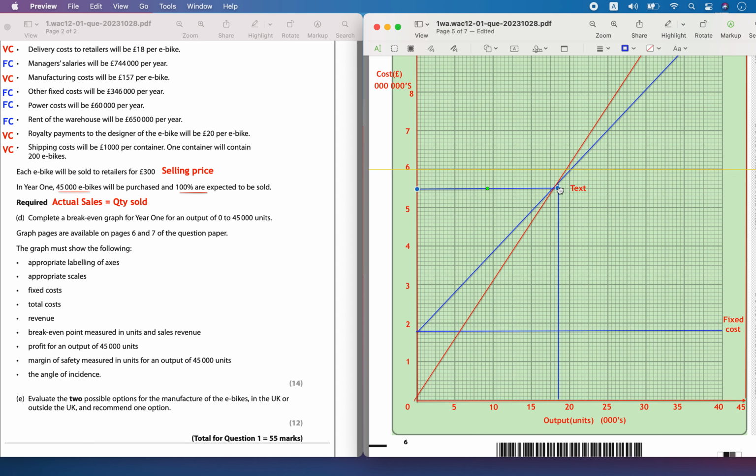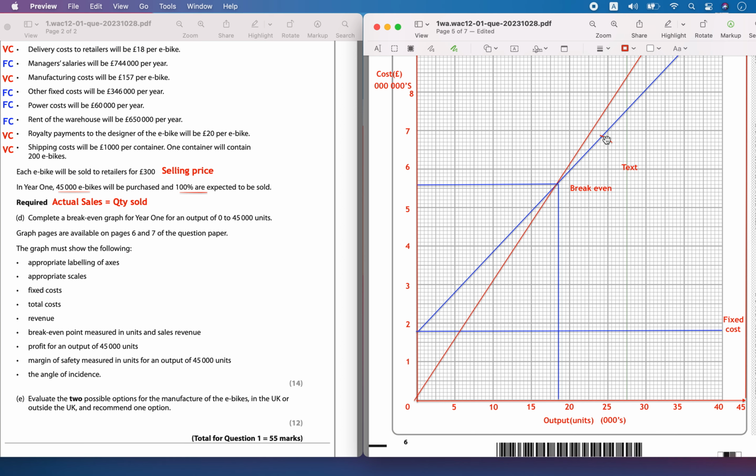This is the break even point here. So you will indicate the break even point. Then you will have to say this is the angle of incidence. The angle of incidence is going to be here.